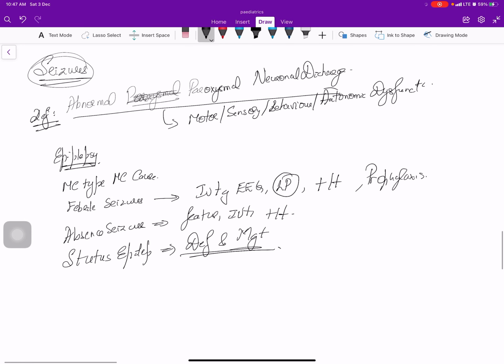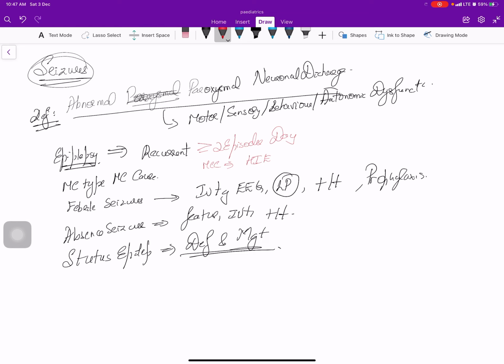So we know what epilepsy is. It's abnormal paroxysmal neuronal discharge from brain which leads to motor, sensory, behavior, autonomic dysfunction. So when is this seizure called epilepsy? When it is recurrent, that is, we have more than 2 episodes in a day. The most common cause would be HIE, hypoxic ischemic encephalopathy.